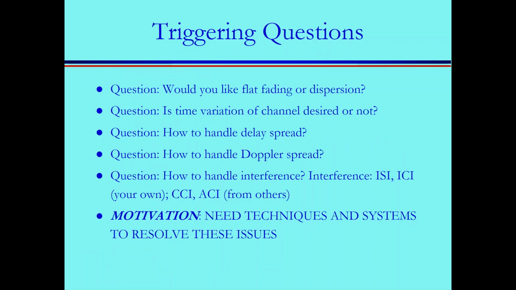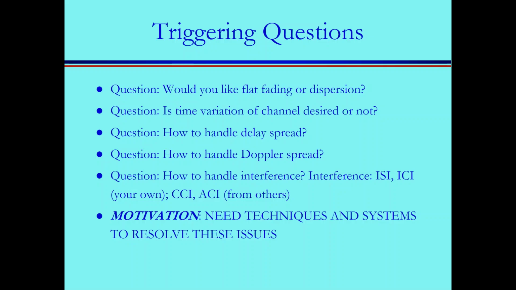But before we start with the lecture, I would like to go over the following questions that I expect you to be able to answer by the end of this lecture. Regarding fading, interference, Doppler, and delay spread, in general small-scale fading. The first question: would you like flat fading or a dispersive channel? Which one is better and why?